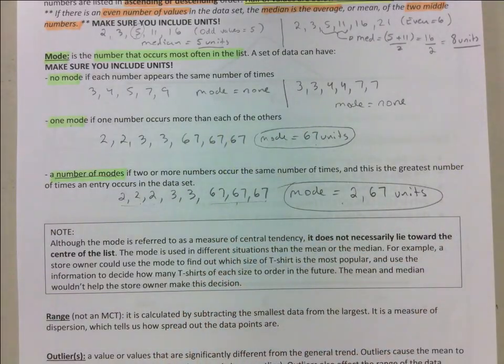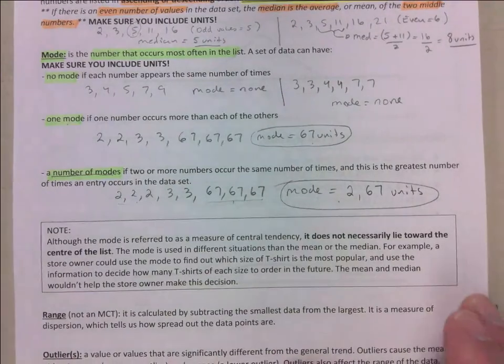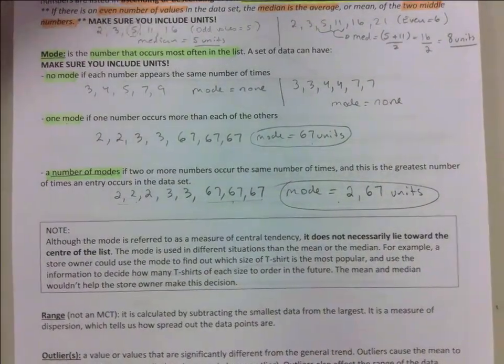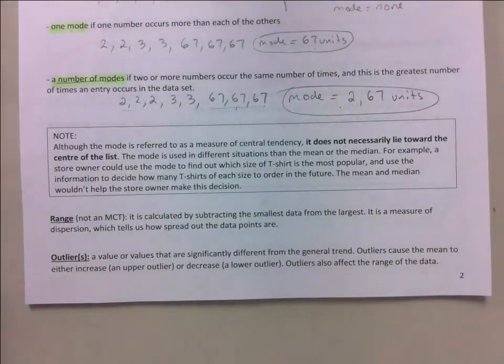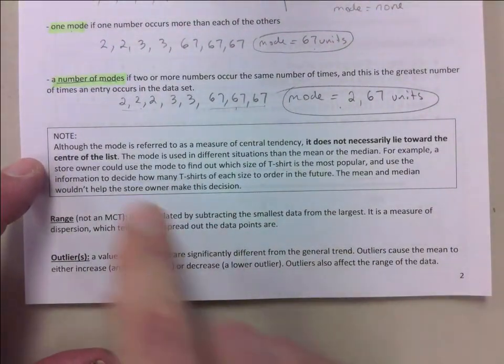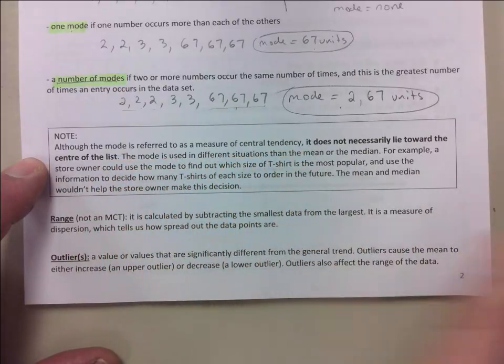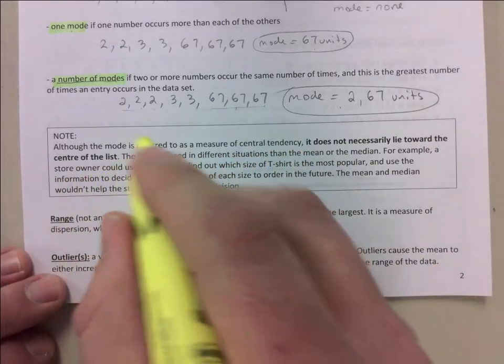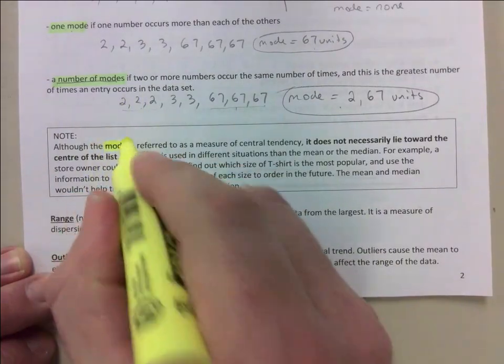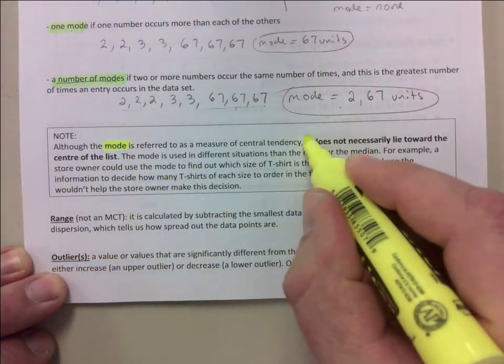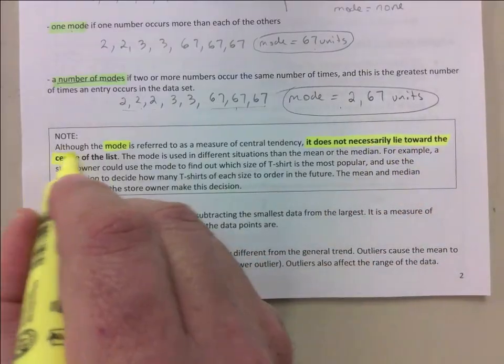Okay, so mode is not always a good indicator of central tendency. Especially if you have outliers, it's not good. Note, although mode is referred to as a measure of central tendency, what I want you to get out of this paragraph is that it does not necessarily lie towards the center.